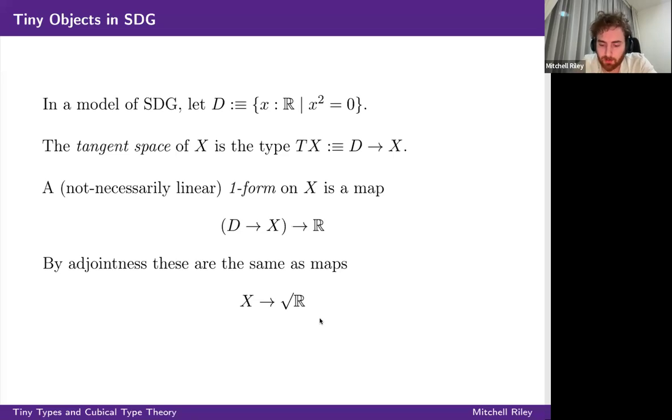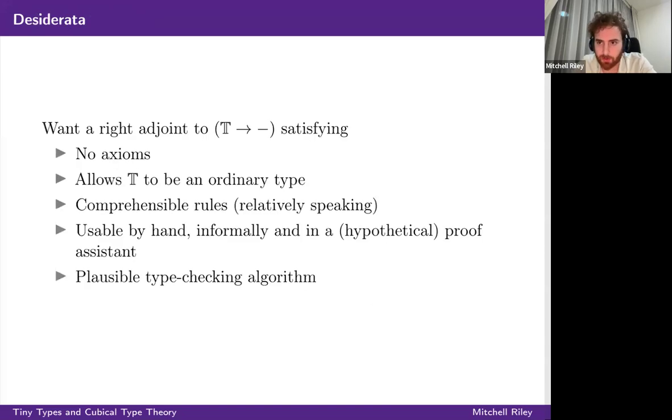Okay, so I want a type theory which lets me talk about a type that has this property of having this amazing right adjoint. So I have some requirements for this type theory. I want rules for a right adjoint to this formation of function types. First of all, I want to avoid requiring any axioms in this type theory because I want everything to compute as much as possible.